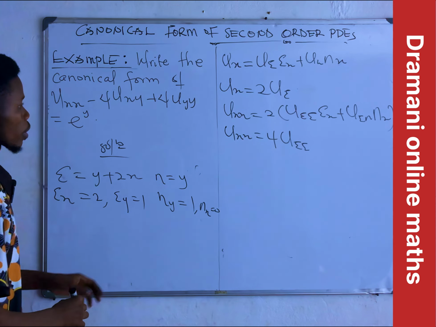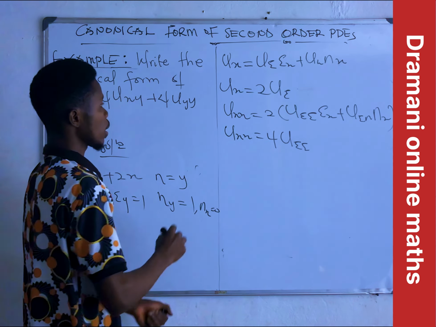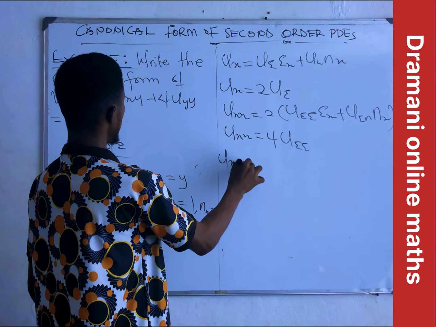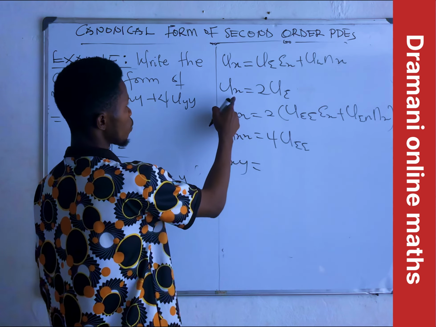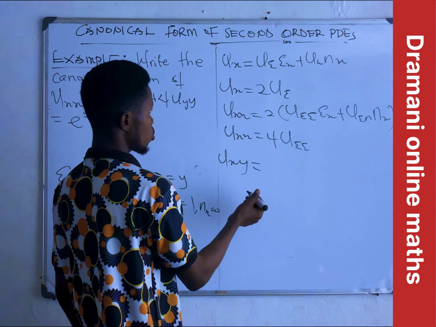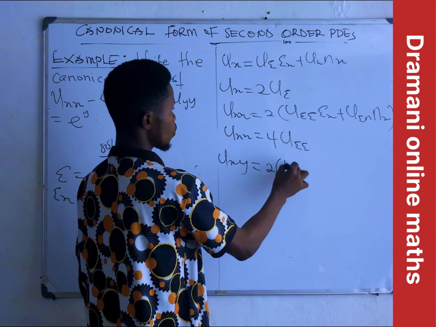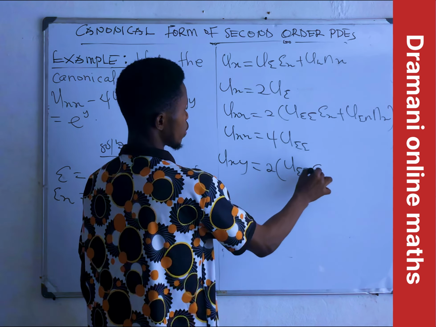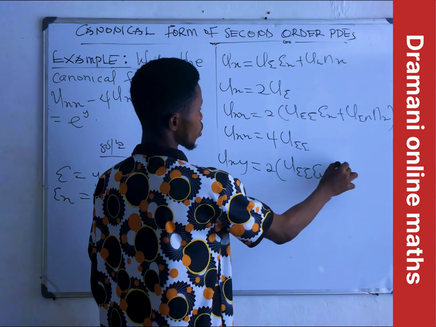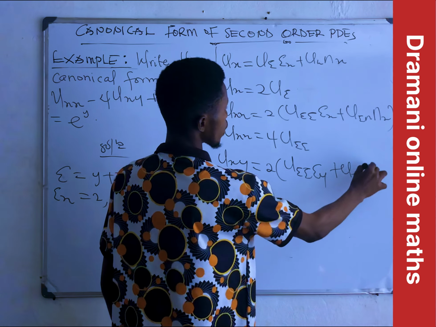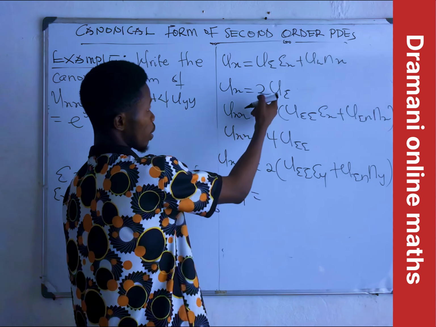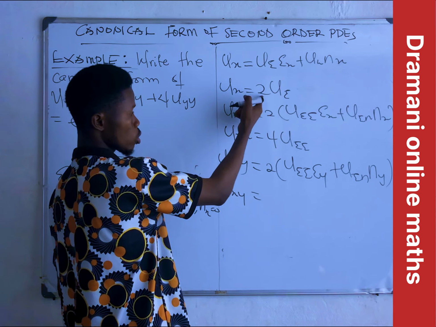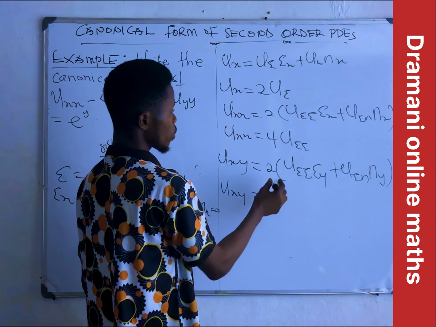Everything will be 0. Now, after that, I move to u xy. See, I have xy here. So already I have ux. So I'm going to base on this to differentiate. So 2 brackets open u xi y because I'm differentiating with respect to x. U xi eta y. So my uxy equals, I will not bother myself to differentiate 2, it is constant, so it will be 0. 0 times this is 0.